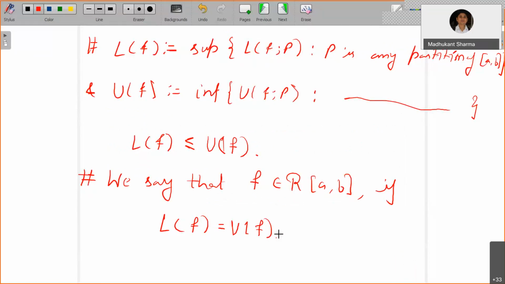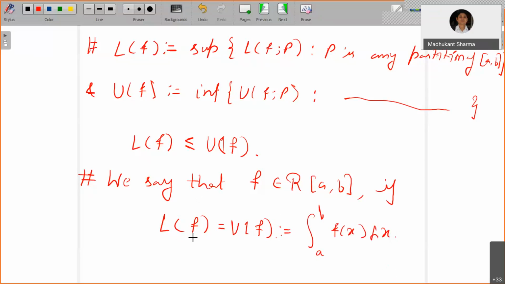If this happens, then we say that it is Riemann integrable, and this common value is denoted by the integral from a to b of f of x dx, the limit. And this is the lower Riemann integral.